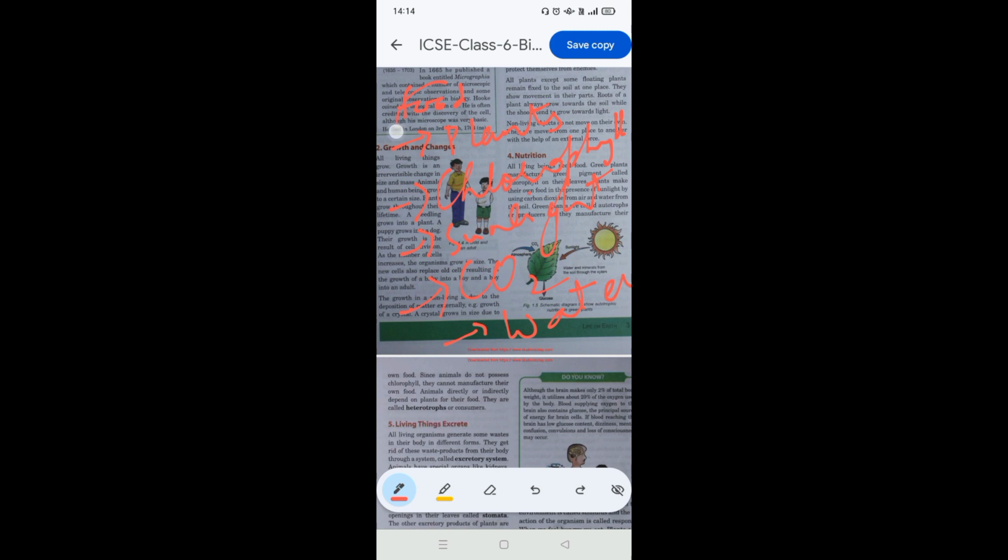Green plants can prepare their own food, so they are called autotrophs or producers.